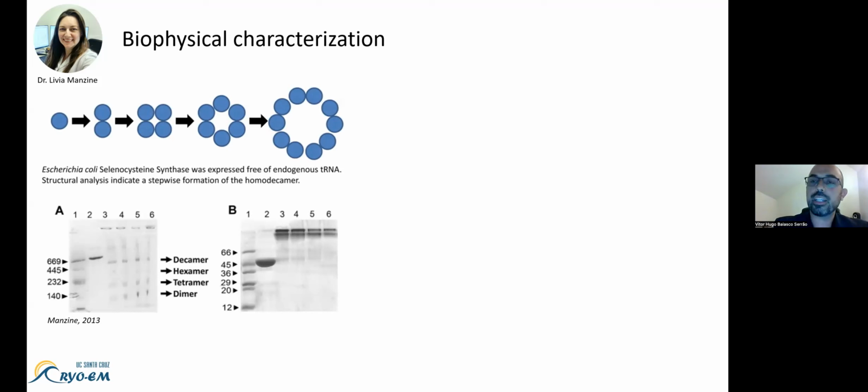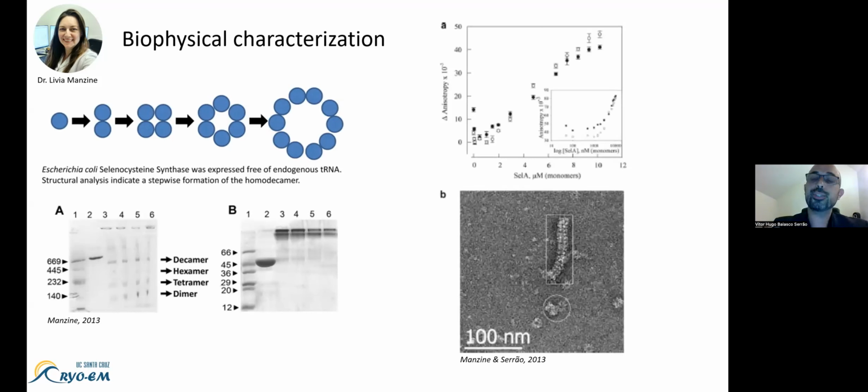But the interesting thing that she found is that as soon as you start increasing SelA concentrations, SelA starts forming these side-by-side and stacked conformations, right? So this is really, really tricky to actually get a pure sample that diffracts, because now you might have different conformations forming your crystals, but because they are floppy, they are not touching in a perfect position, so you don't have Bragg's law being applied.